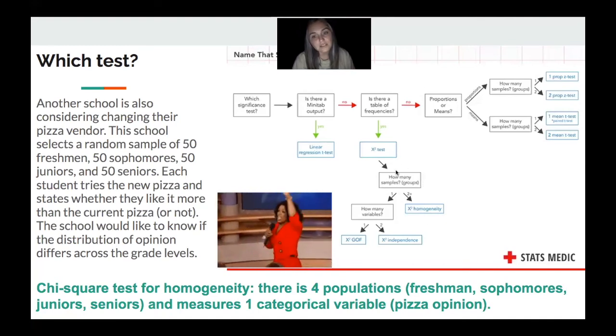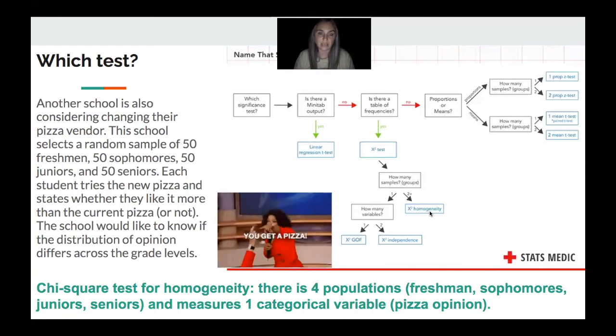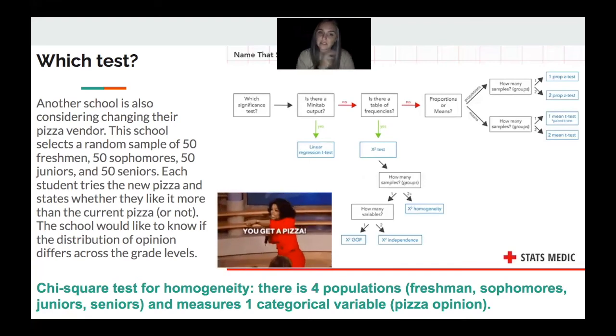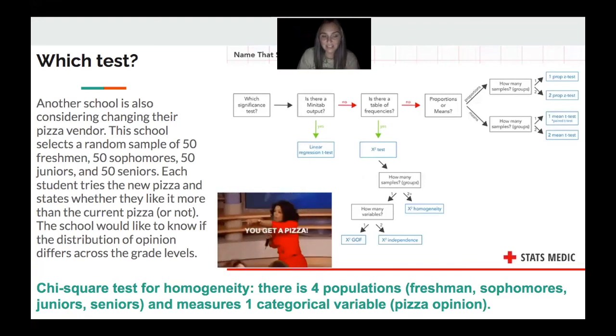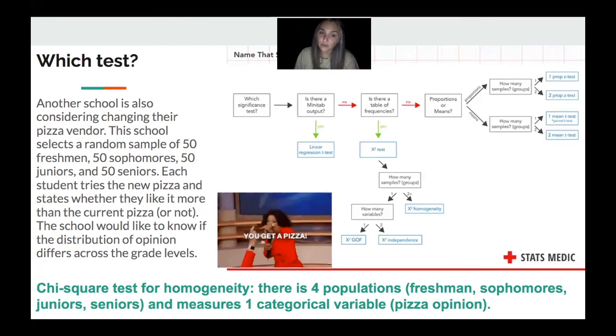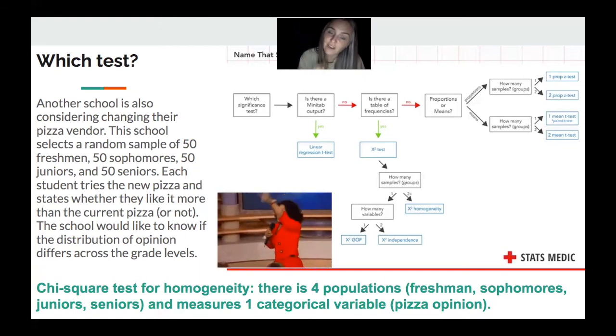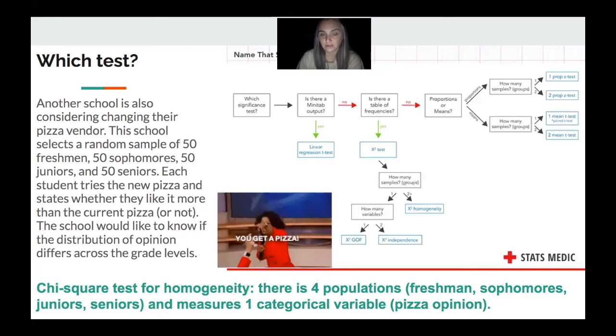So now your samples are more than 2, and it automatically takes you to homogeneity. And notice the difference in the language here. It doesn't say, is there an association? It says, check the distribution across the grade levels. So you're saying, is it the same or not? So very, very similar. But the name of the test is different because the way the question is worded changed. So just be careful.